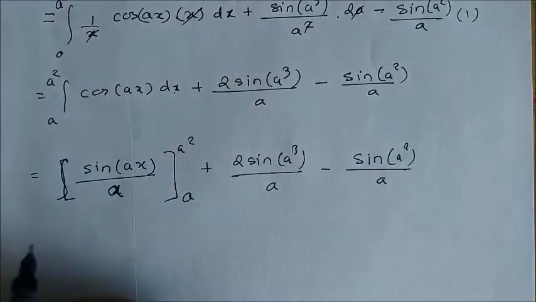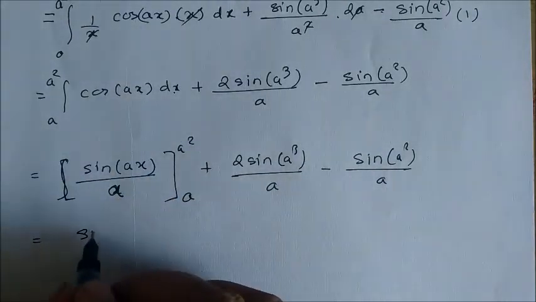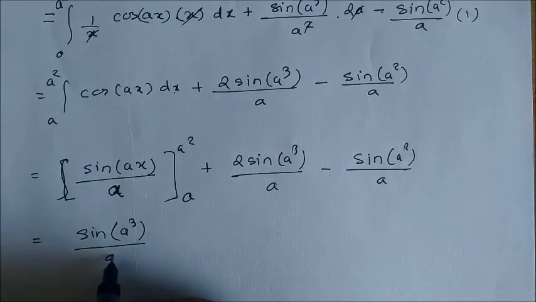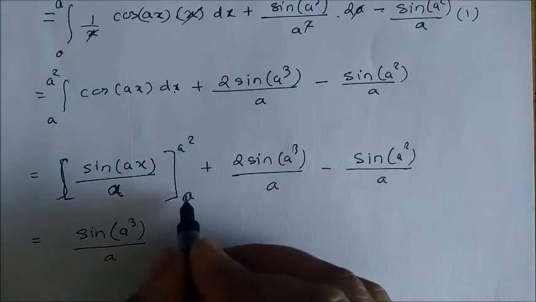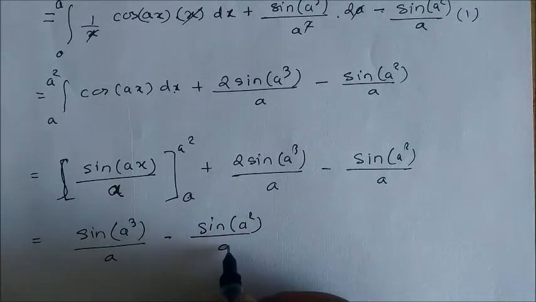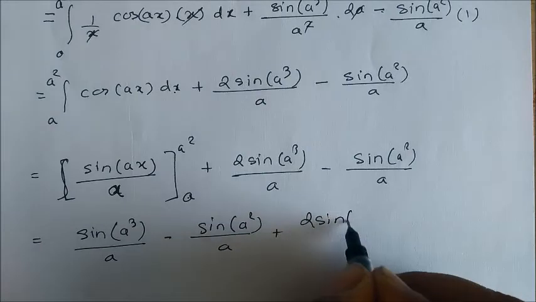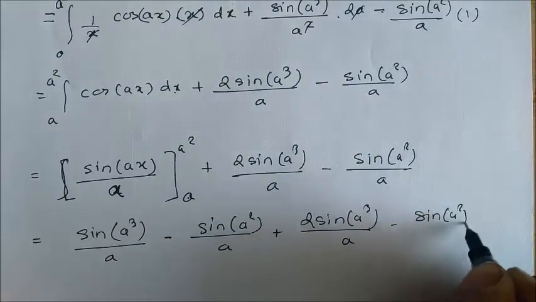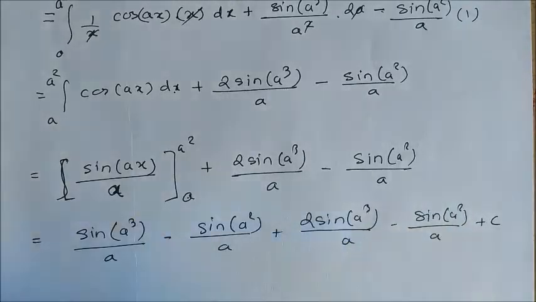If we put the limits, if we put a², it is sin(a³)/a, and when we put a, it is sin(a²)/a, plus 2 sin(a³)/a minus sin(a²)/a.